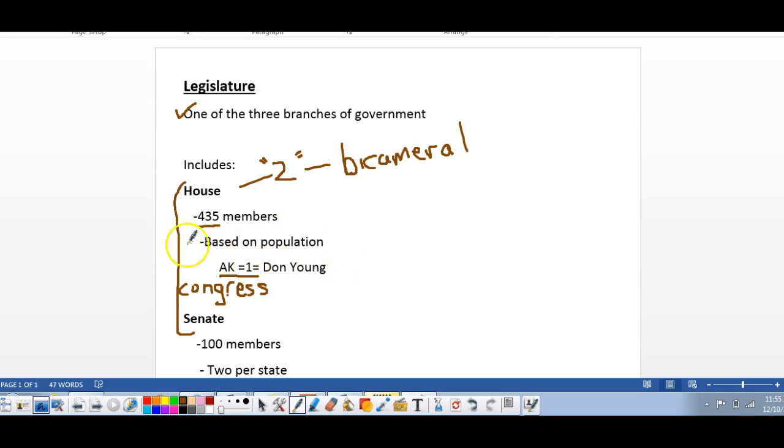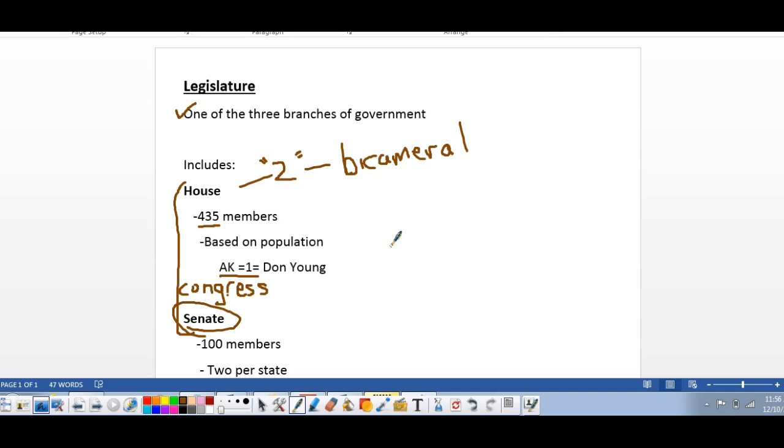This is determined based on population, so our population here in the state is kind of low, so it doesn't really warrant that we get many representatives. But we're helped by the fact that we have equal footing in the Senate, which we'll talk about in a minute. But this one is just based on population size.